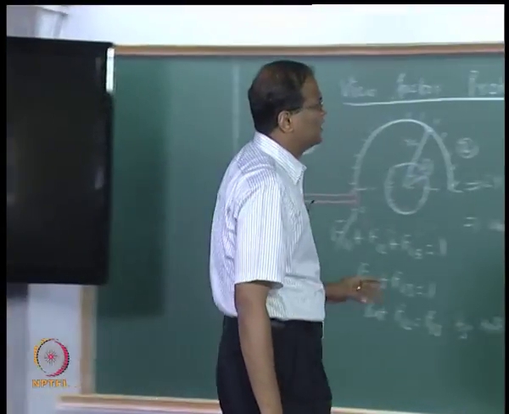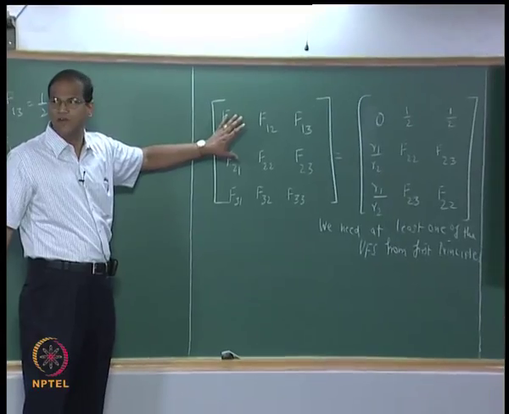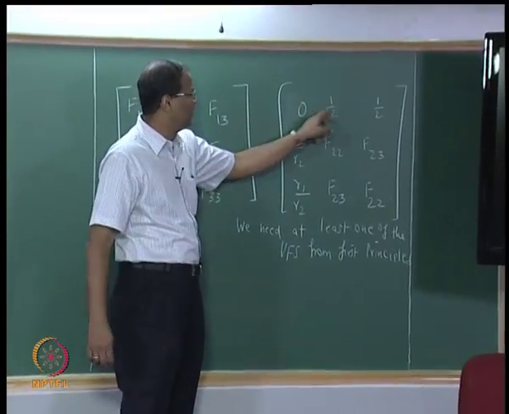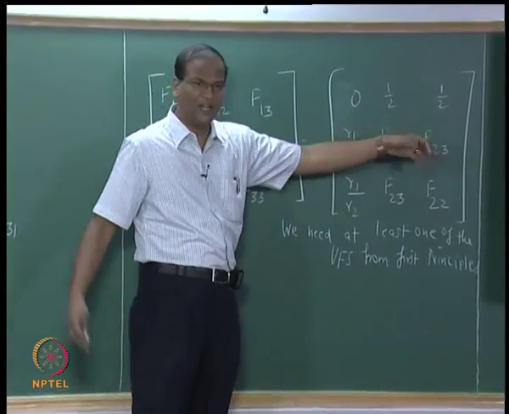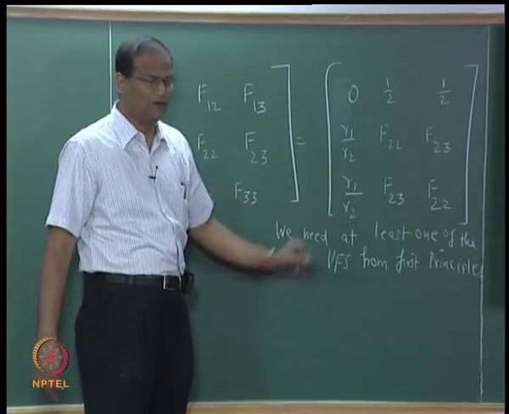Now let us write the view factor matrix. There are 3 surfaces, 3 squared, 9 view factors. So first row we are able to fill up: 0, half, half. Second row we have got r1 by r2, f22 I do not know, f23 I do not know. f31 is also the same as f21, r1 by r2.